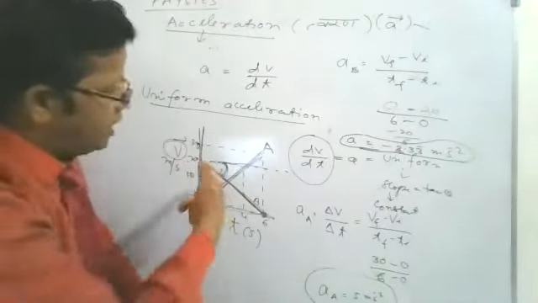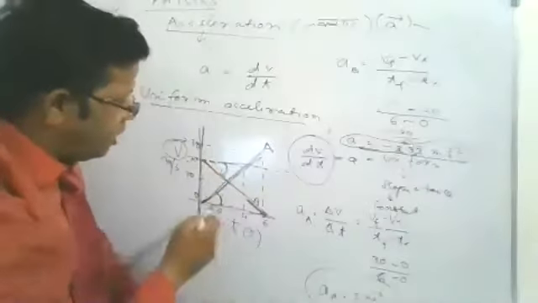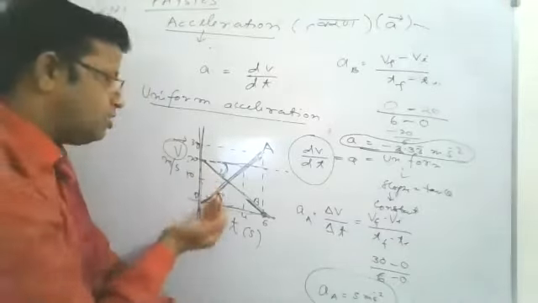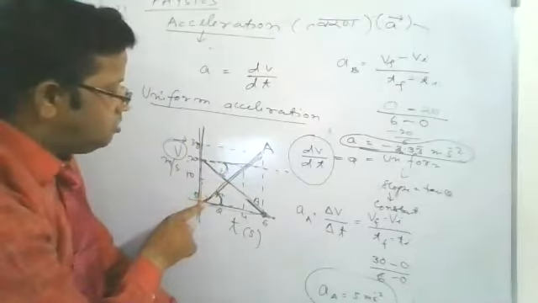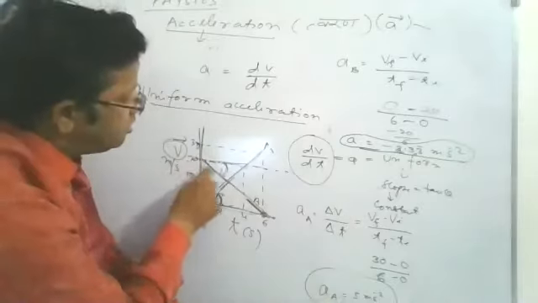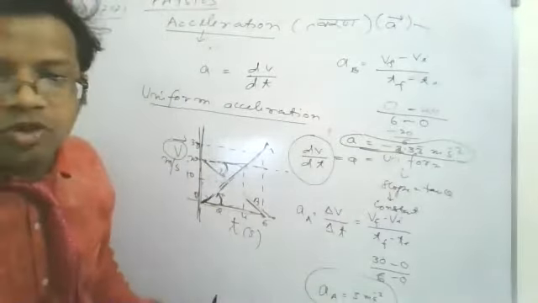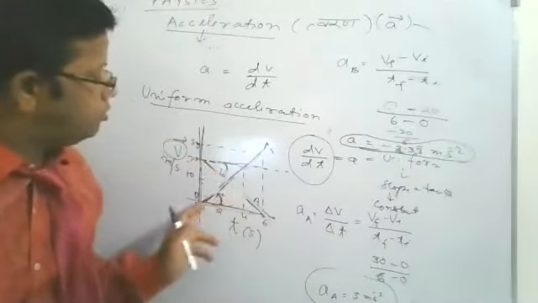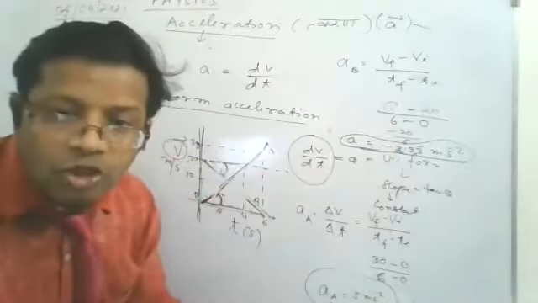Clockwise means inward, negative acceleration. Anti-clockwise means positive acceleration. Now see here. This is increasing slope, positive acceleration. This is decreasing slope, negative acceleration. That's why the value comes out to be minus 3.33.